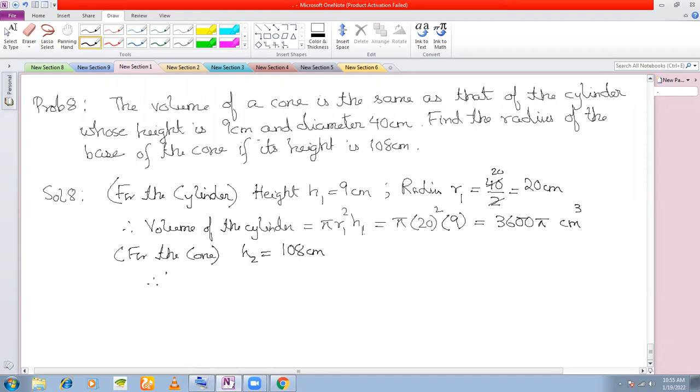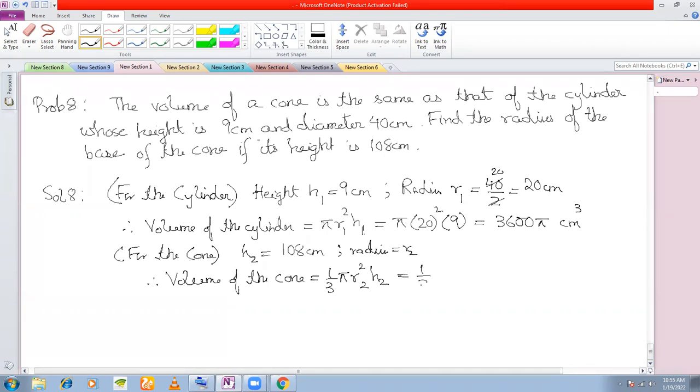So what should be the volume of the cone? Volume of the cone is 1/3 pi, let's call the radius R2, square H2, right?